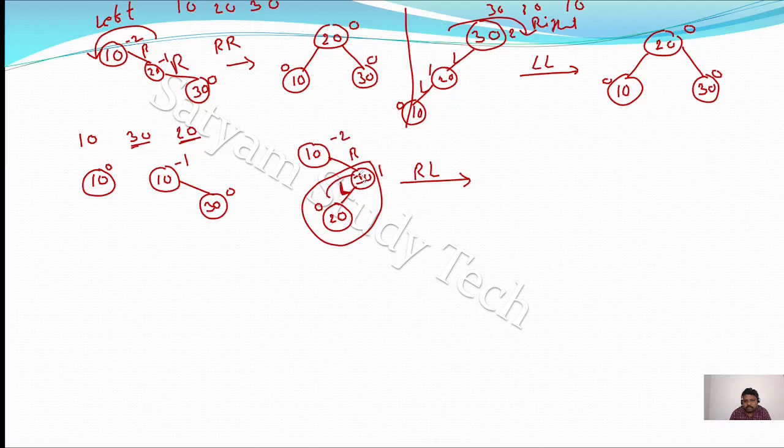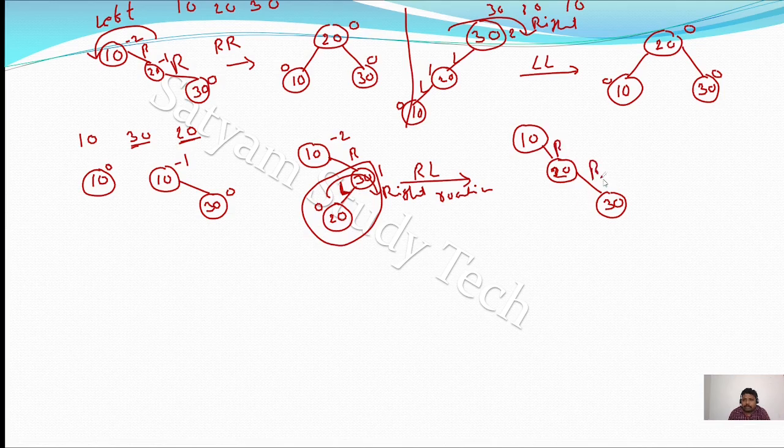Right rotation means we have to pull down 30 in the right direction. Whenever you pull down 30 in the right direction, 20 becomes the parent of 30. Here 20, and now it is 30. Now you can see after performing the right rotation, it is right.